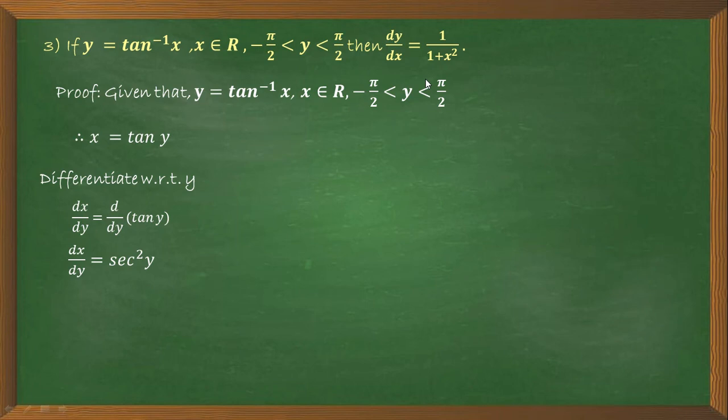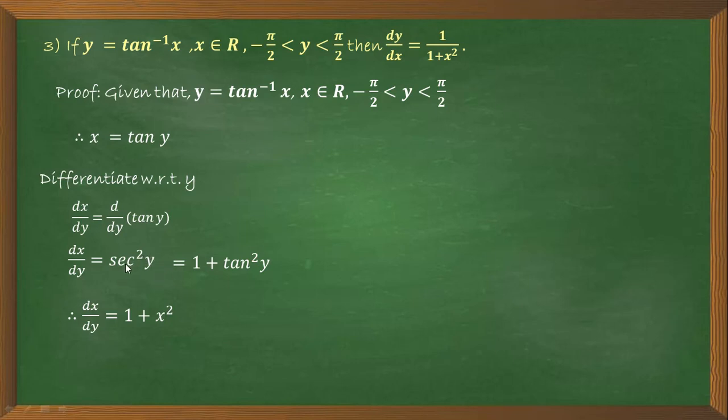Now, as a further adjustment, this can be written as 1 plus tan square y by the fundamental identity. So we get dx by dy equal to 1 plus x square. Very simple. Here don't bother about plus or minus sign.